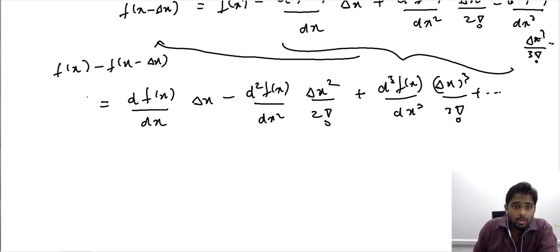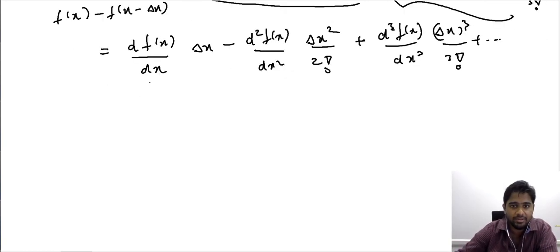Now, in order to have this term equal to the approximation of the derivative with respect to the backward difference, all we need to do is divide it by delta x. So we can take this delta x out from all these terms here and then divide it by this term, or bring it down.